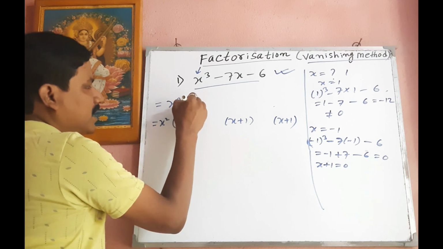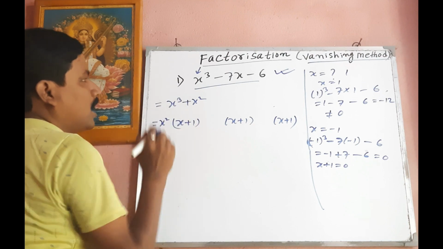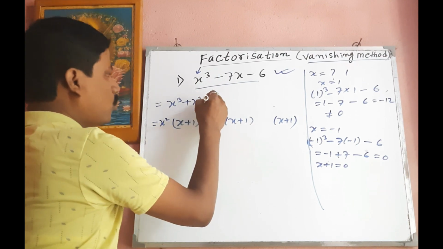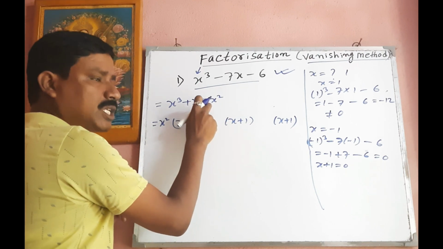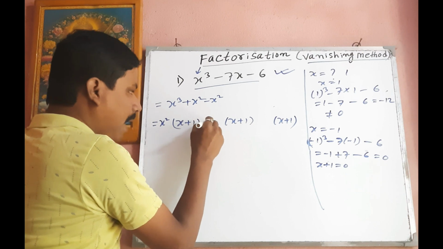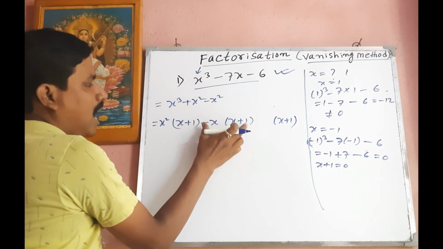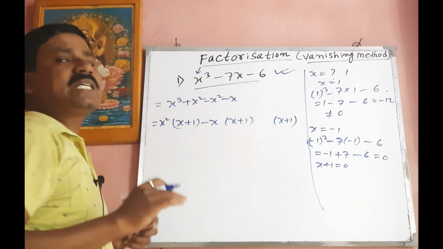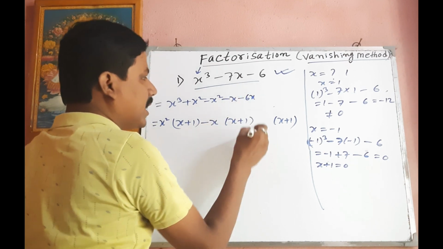Then x square into 1 gives an additional x square, but x square is not present in the expression, so we put minus x square. To bring minus x square, we put minus x here, and additional minus x is there, but we need minus 7x, so an additional minus 6x will be added.